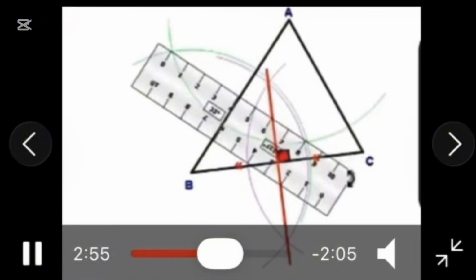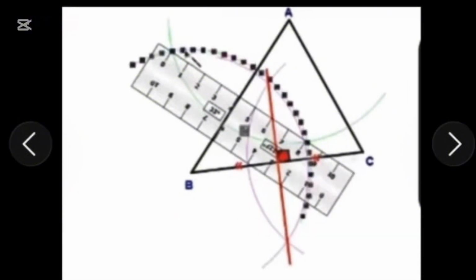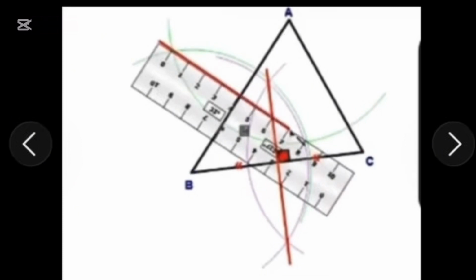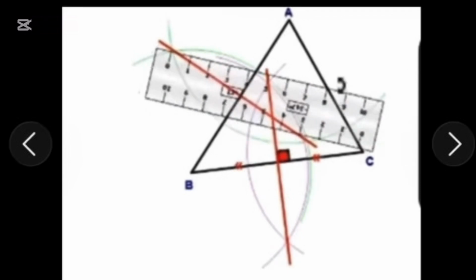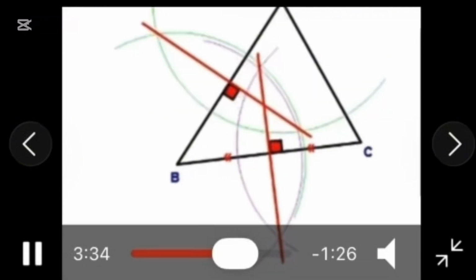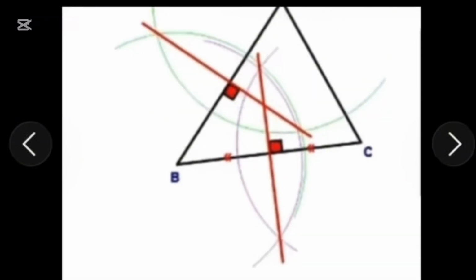Using the ruler, I connect the 2 points to form the perpendicular bisector of AB. Yes, it's perpendicular to AB and at the same time it's passing through its midpoint.